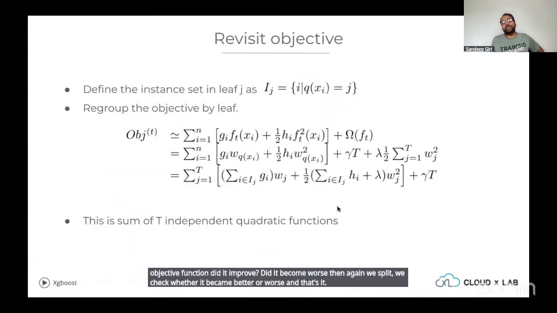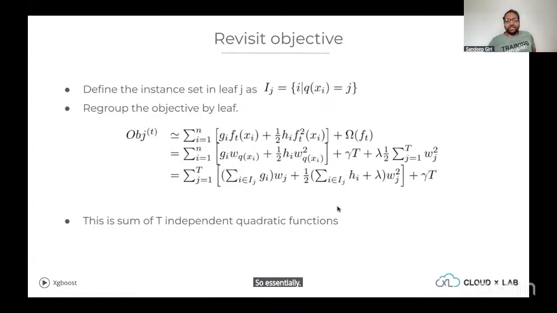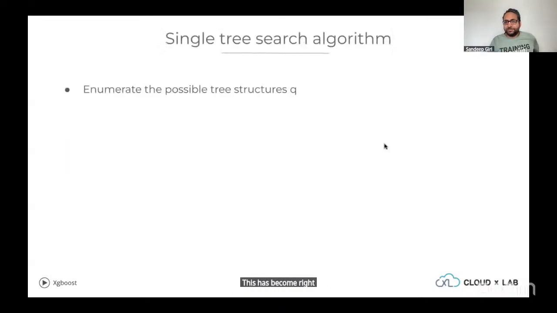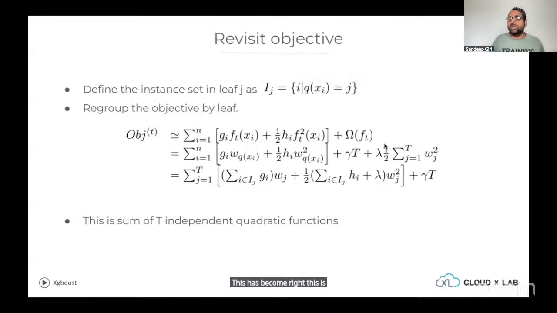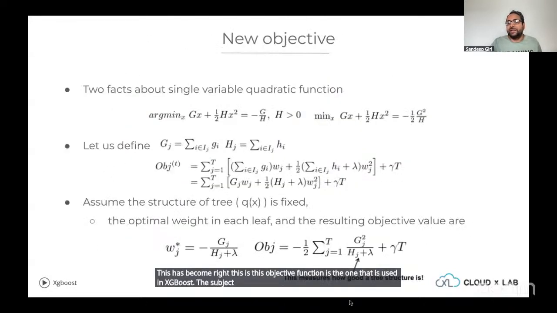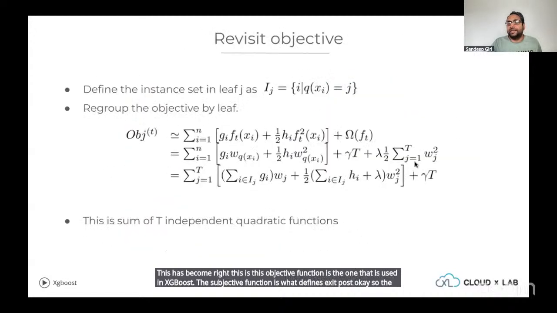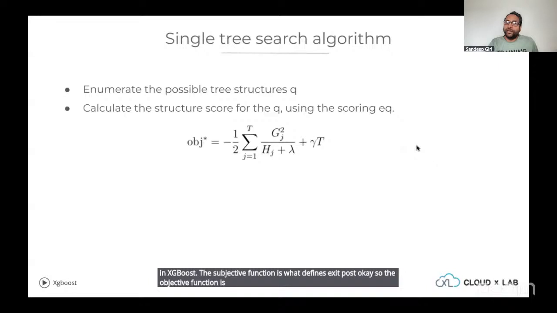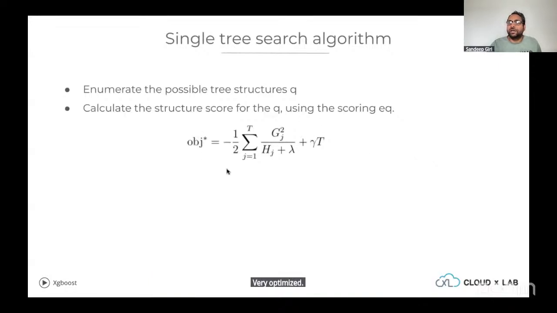Essentially, this objective function is the one that is used in XGBoost. This objective function is what defines XGBoost. It is very optimized. So this is our objective function, after all the calculation.